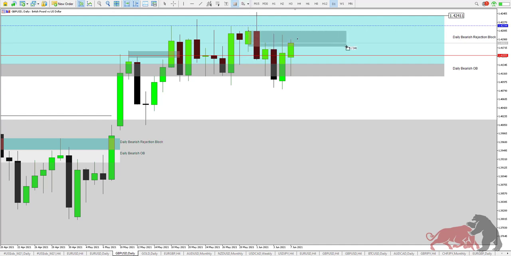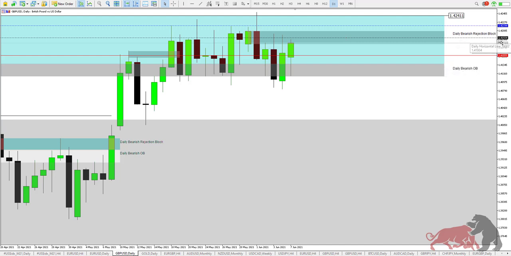You see this bearish order block here inside our daily bearish rejection block, inside our daily rejection block.